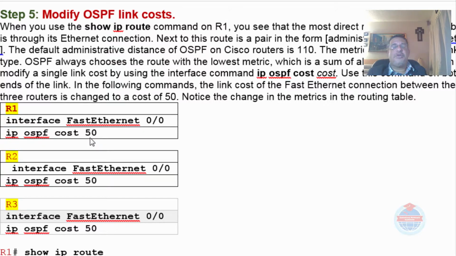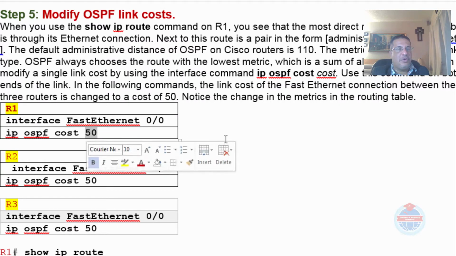But we are not using right now a gigabit Ethernet that is way faster than fast Ethernet, but the default cost is 1. But there is one command over here that we're gonna be using to apply a cost to that process over here. For example, IP OSPF cost with a value of 50, for example, on this interface.